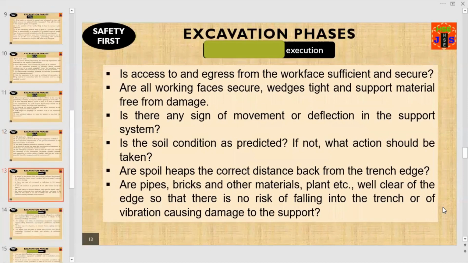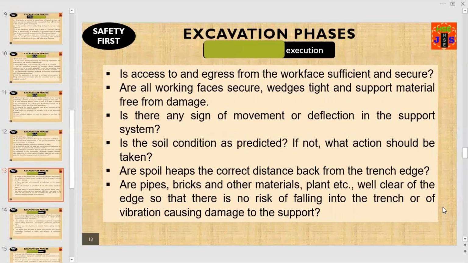Dear friends and fellows, you are watching Safety First. Today we are discussing excavation in three parts: in the design stage, in the planning stage, and now I'm going to discuss the execution stage.